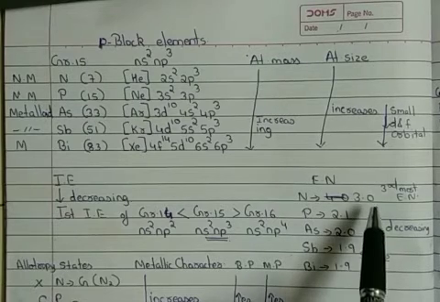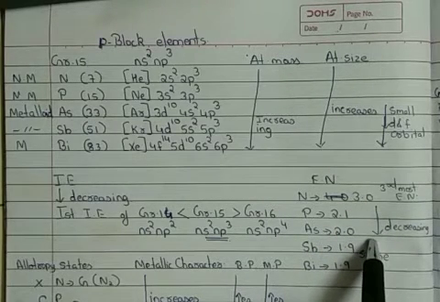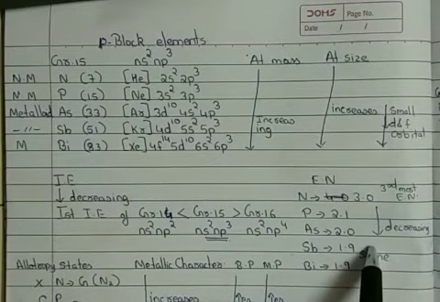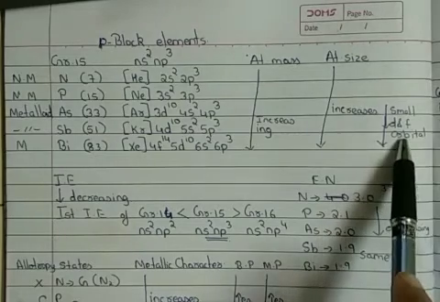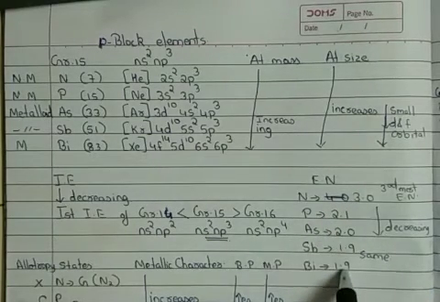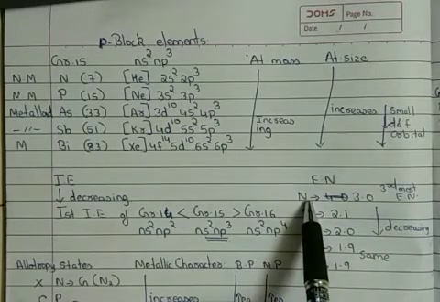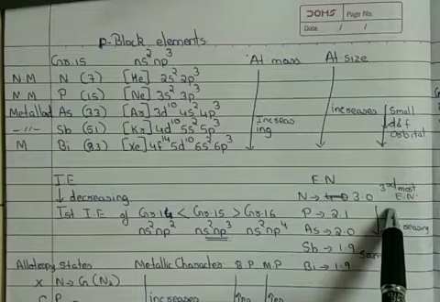So you could see from nitrogen to arsenic, the electronegativity value goes on decreasing, whereas for antimony and bismuth it is almost the same. Again, the reason for this is the small difference in their atomic size, and that is why the electronegativity is almost the same. Then nitrogen among all 118 elements is the third most electronegative element.